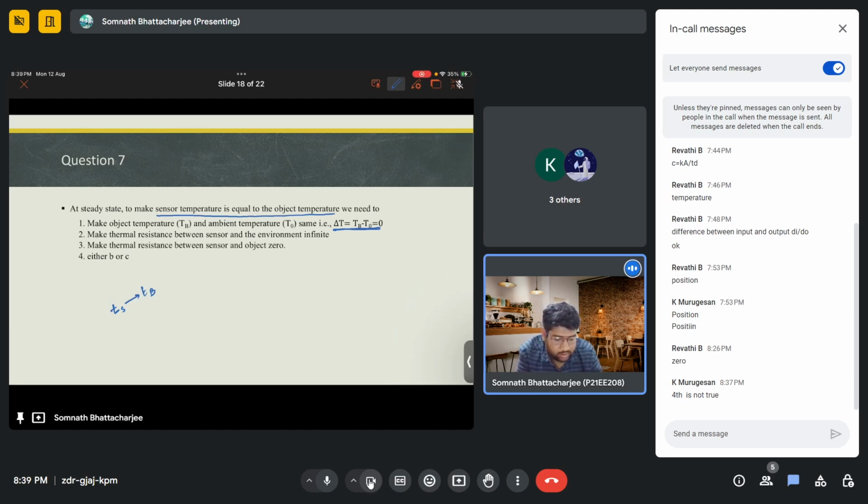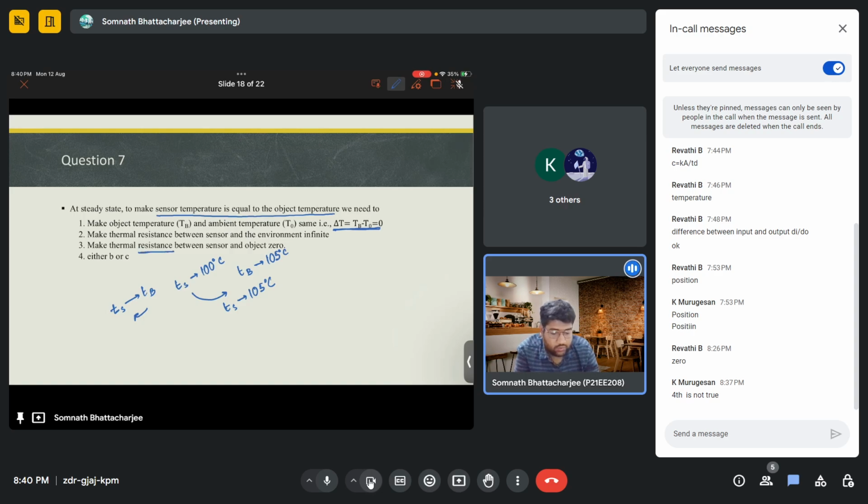Let's say there is no temperature drop in between: if the sensor TS is 100 degrees centigrade, whereas the object body is 105 degrees centigrade, the value can be directly transferred. The sensor will just come to 105 degrees centigrade and there will be no loss. That means there is no resistance.